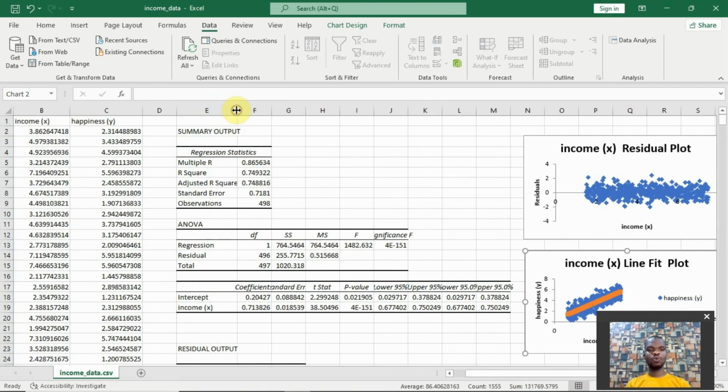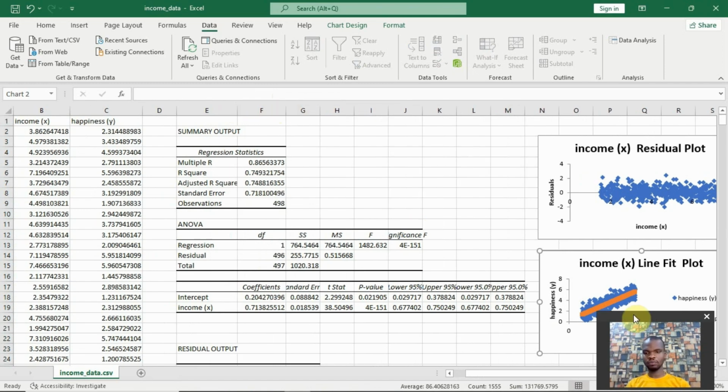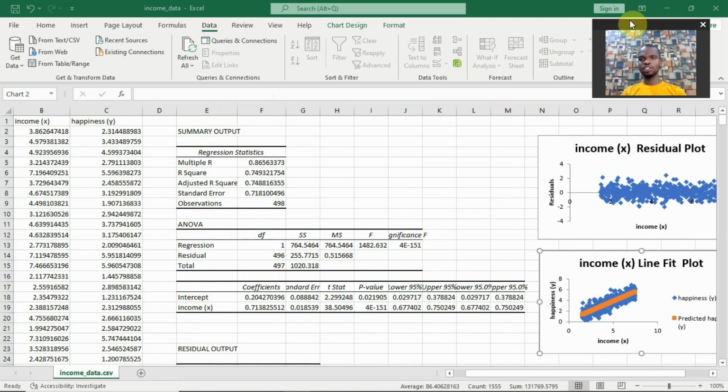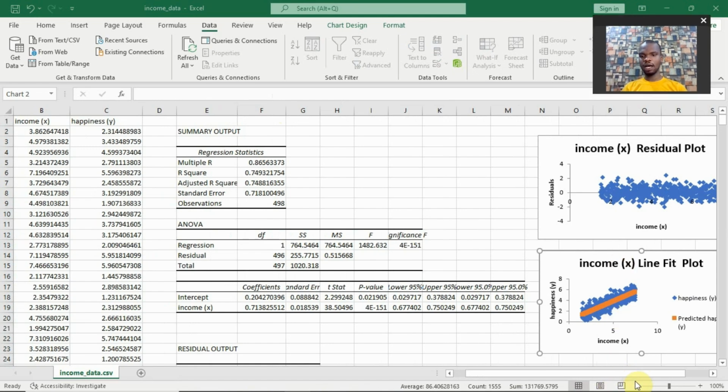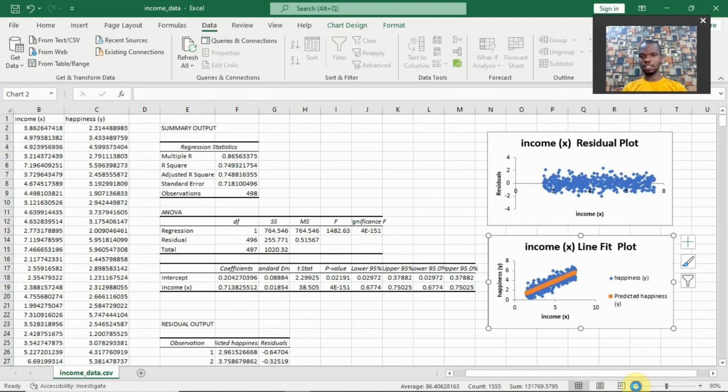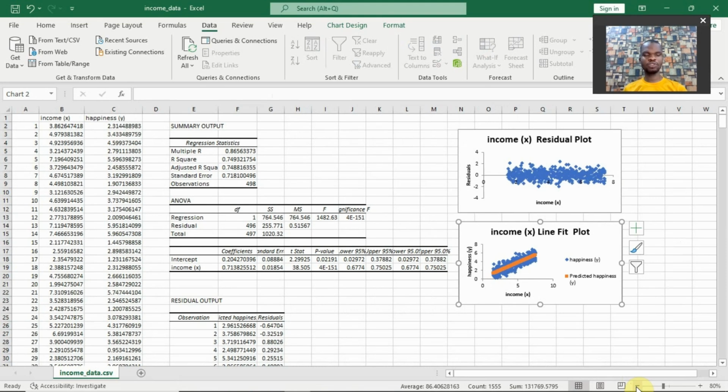Now, the problem we are solving here is a simple linear problem. It contains just two variables, one independent variable and one dependent variable. But there are several things that this process we've done can tell us.